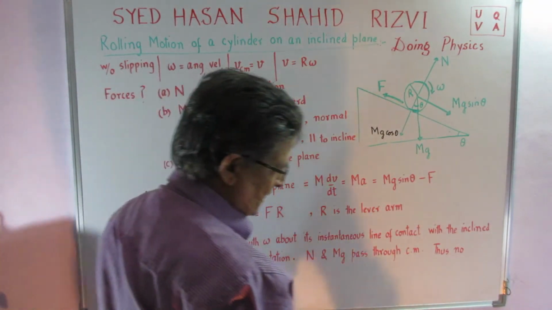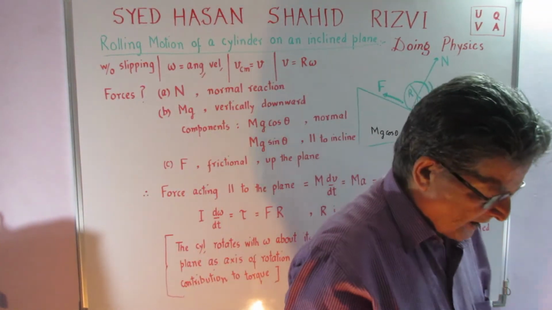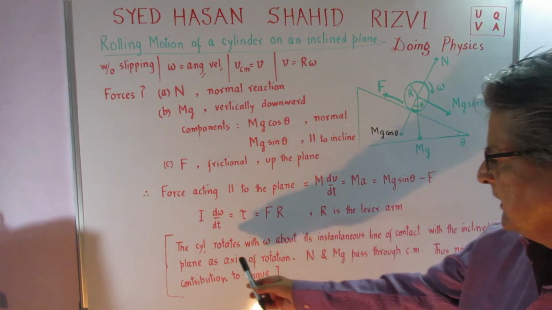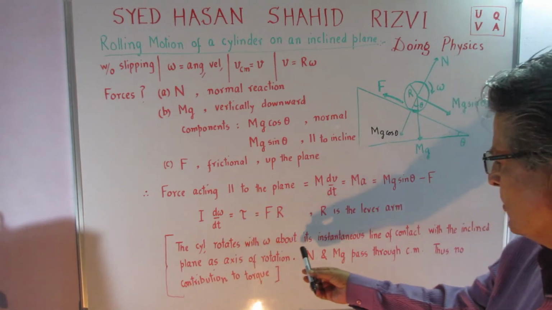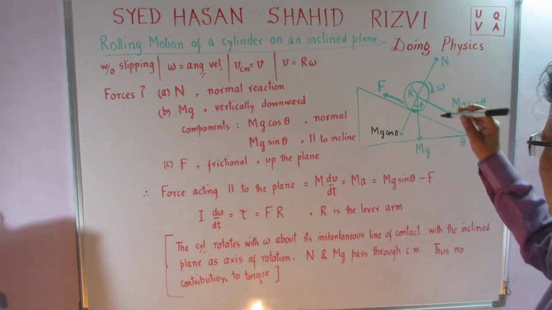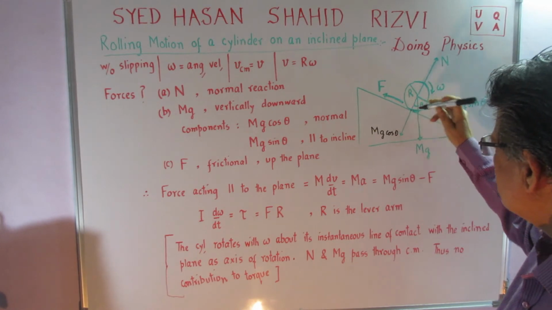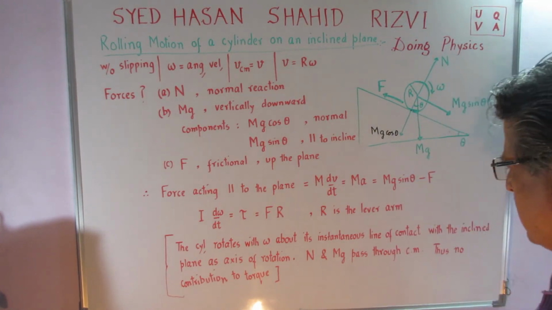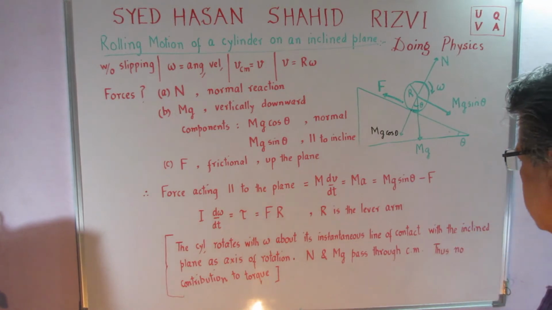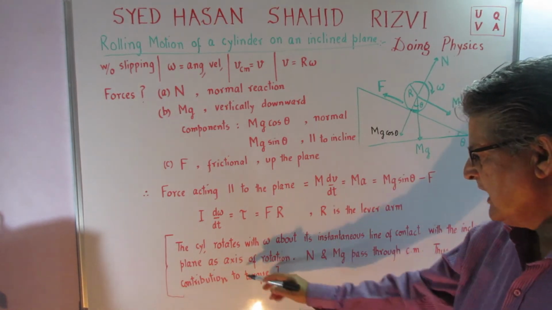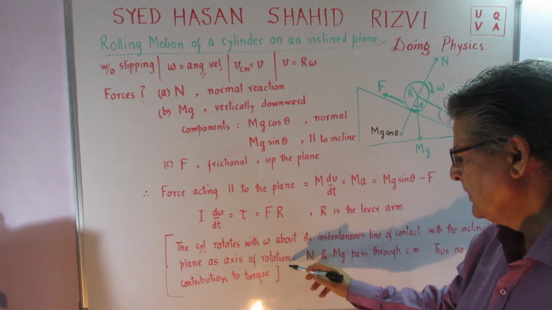Of course, there are two other forces, but these forces pass through. The cylinder rotates with omega about its instantaneous line of contact. The instantaneous line of contact is here, with the inclined plane as its axis of rotation.